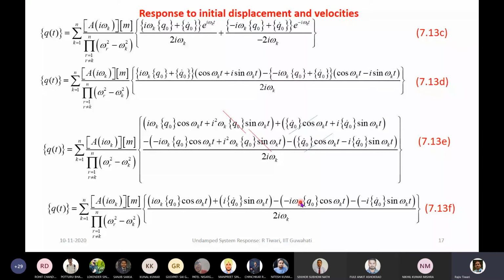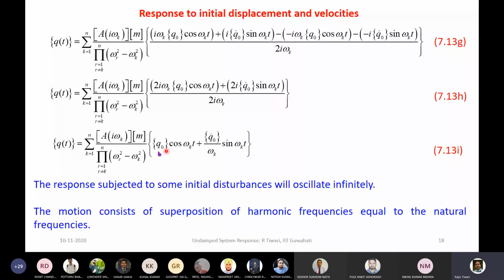So if you expand, finally we can get the expression which I showed earlier after simplification. If you see this expression, this is the response due to the initial disturbance q naught and q naught dot, the velocity term.